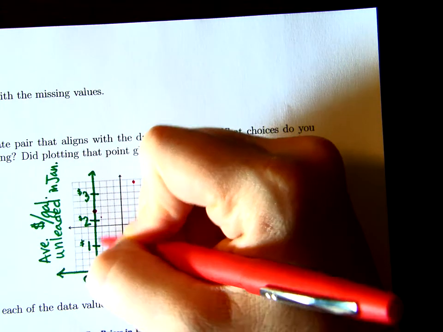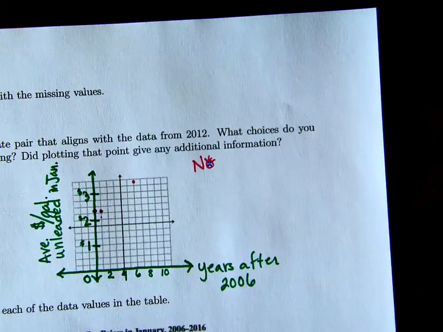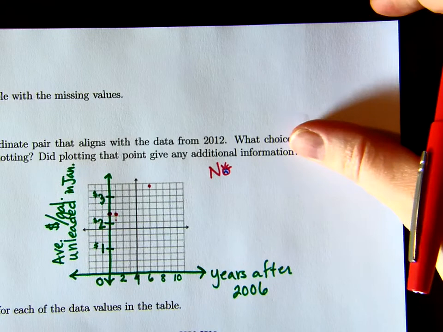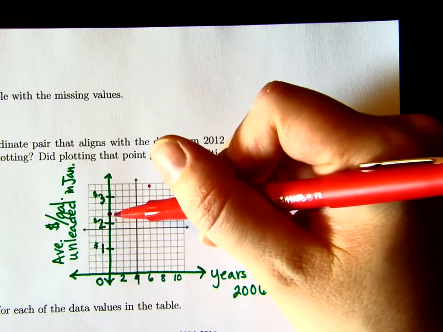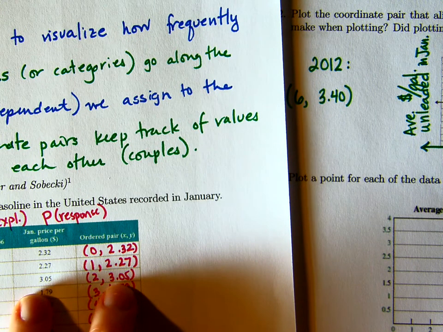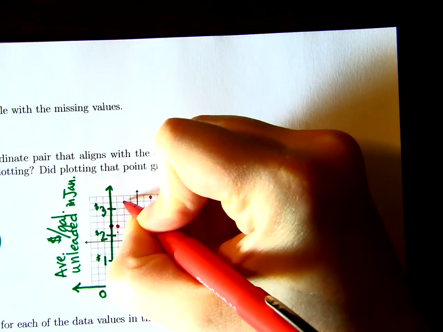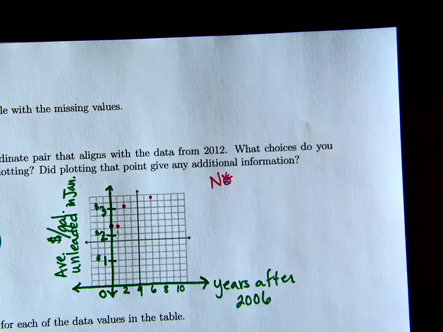Okay, that's $2, $2.20. Okay, my bad. So very similar, but just slightly above $2.25. I almost made a mistake there. And then we have the point 2008, which is 2 years after 2006, and that was $3.05. So 2 and 3, that would be $3.25, so that's just over.